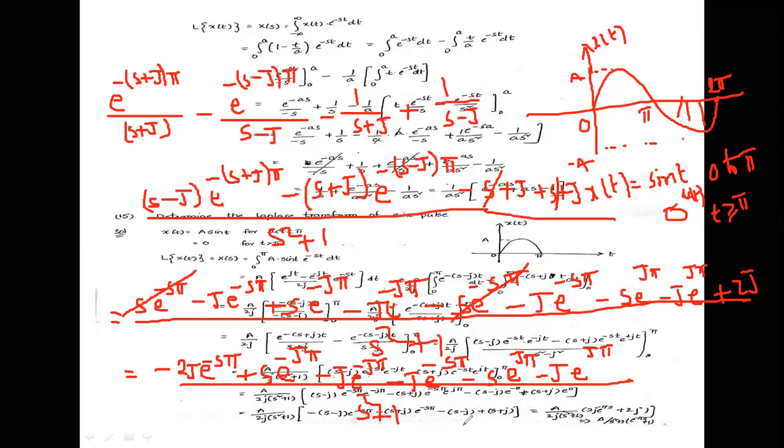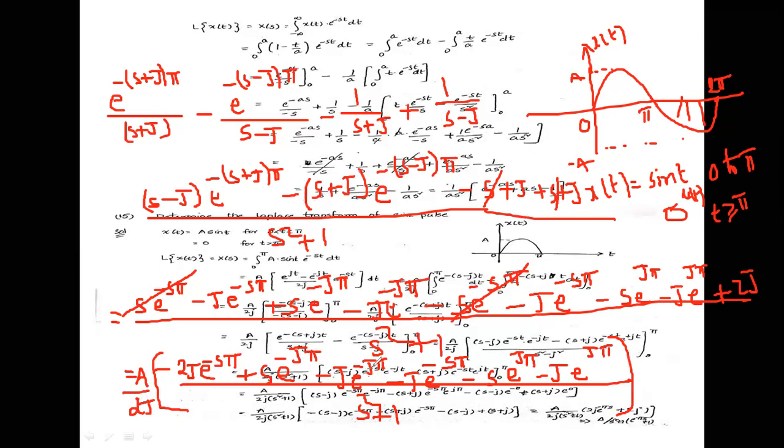And this totally is multiplied with a by 2j. Now still you can go for the simplification.